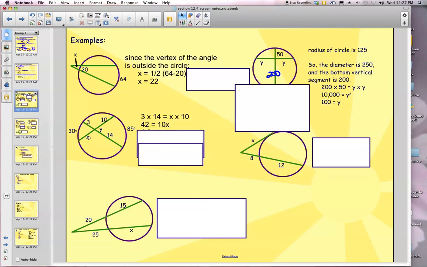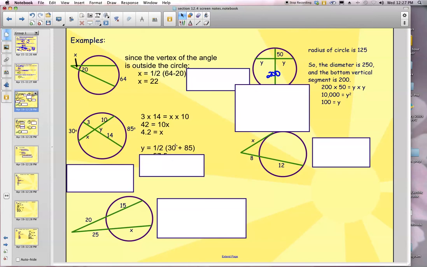So 42 would equal 10x, or x would equal 4.2. To find y, it's an angle measure, and its vertex is inside the circle. So since it's inside the circle, we are going to add our arcs and divide by 2. So take half of 30 and 85, which gives us 57.5.